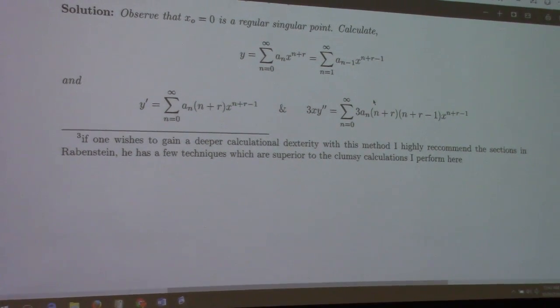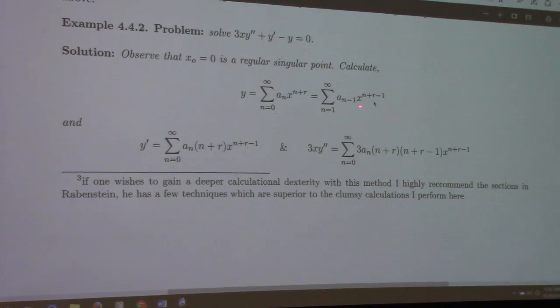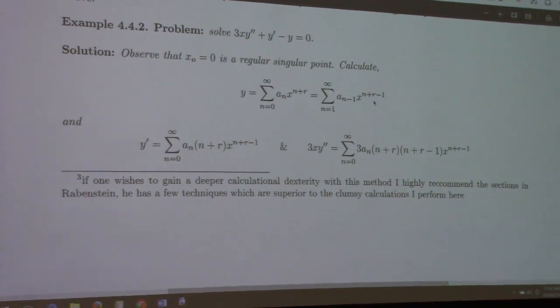So it seems to me from this term, I do have an x to the r term, right? But it's just with the a sub naught. So I should get like a minus a sub naught from this, I believe. Shouldn't I? If I put n equals 1, that gives me x to the r, right? So n equals 1 puts a sub naught here. So this term contributes a minus a sub naught, I believe.